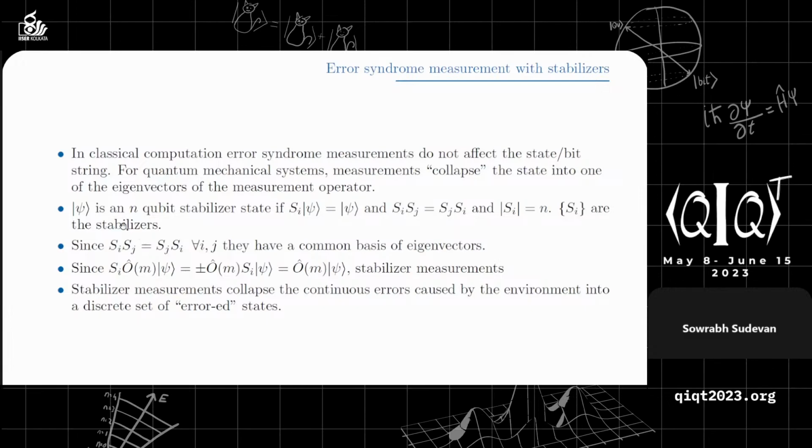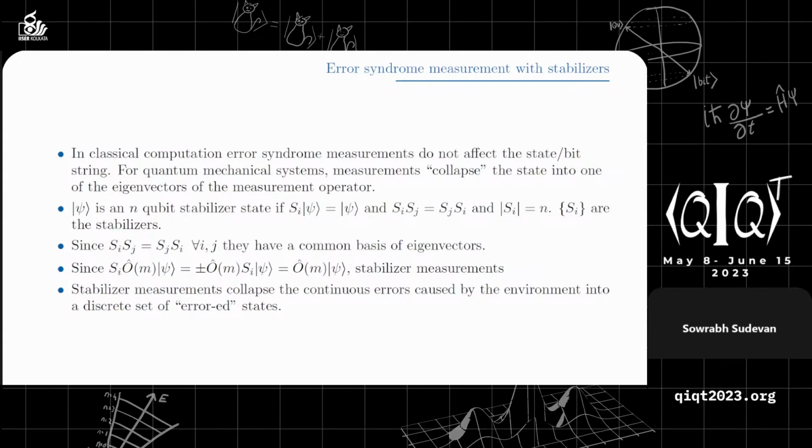So psi is an n-qubit stabilizer state if psi is the plus one eigenvector of a set of n operators which are linearly independent and commute with each other. Then it's called a stabilizer state, and the set of S_i are the stabilizers.